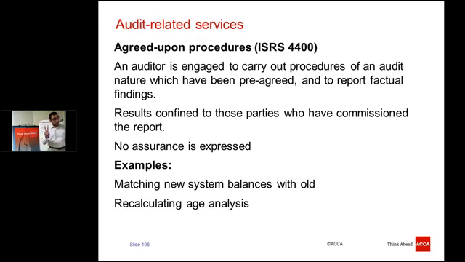Second is reasonable assurance, which is provided as part of the audit. In our opinion, the financial statements give a true and fair view, and you are positively giving this assurance. Third is the moderate or negative assurance, in which you say that nothing has come to my attention that causes me to believe that the financial statements do not give a true and fair view. And now you see the fourth form of assurance, no assurance.